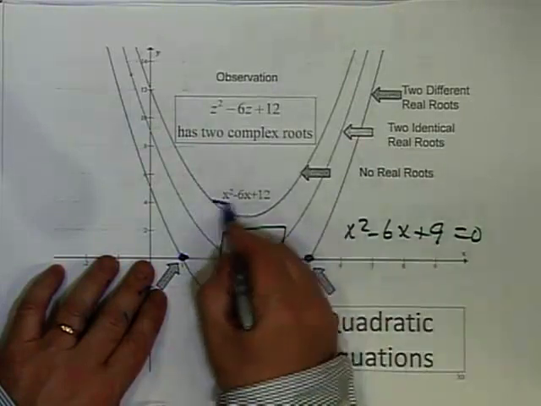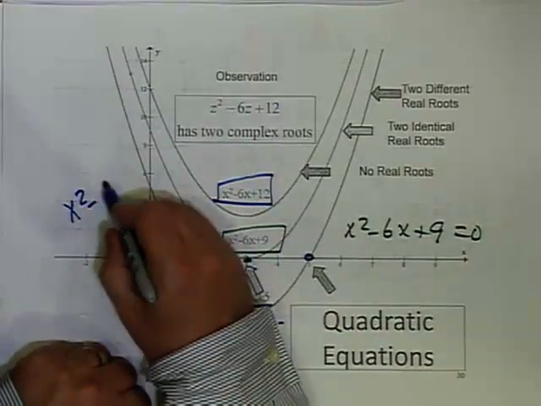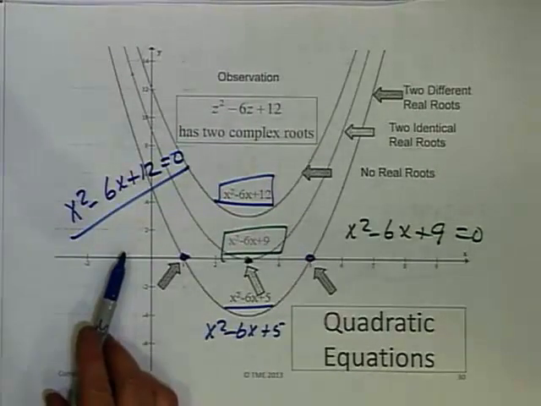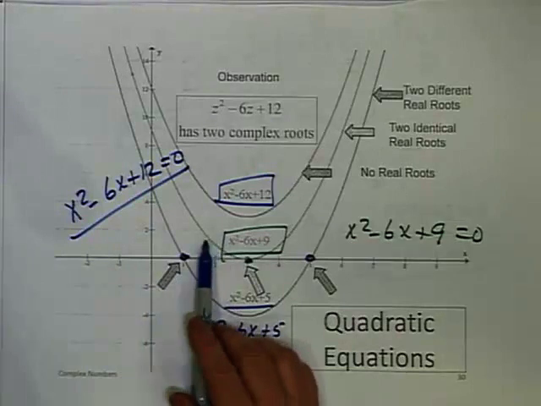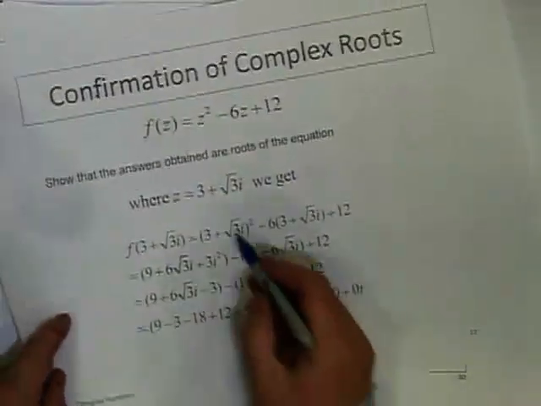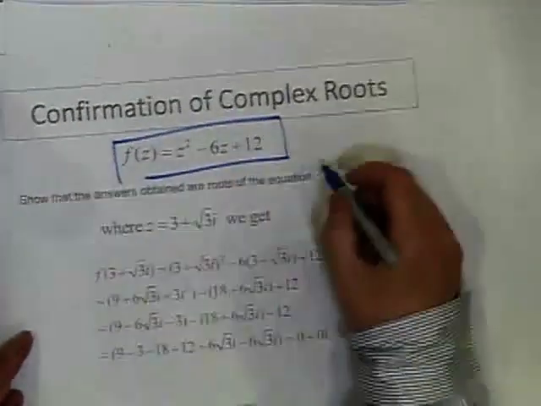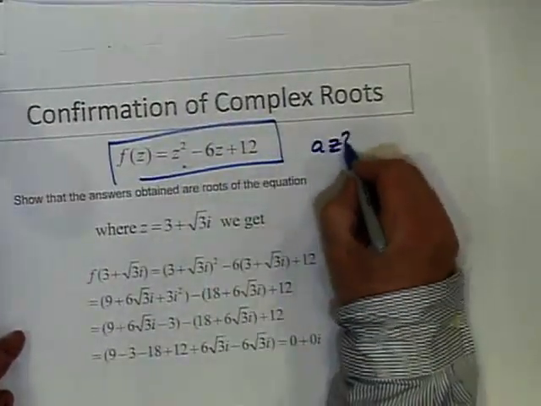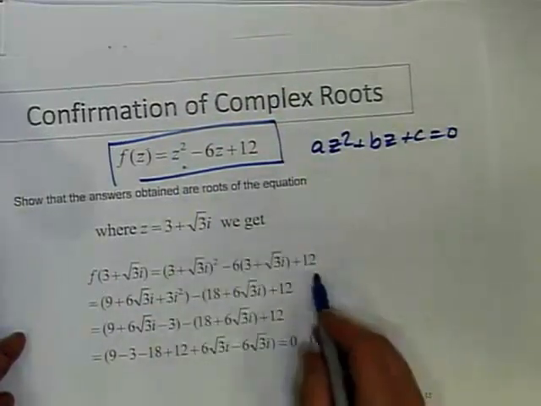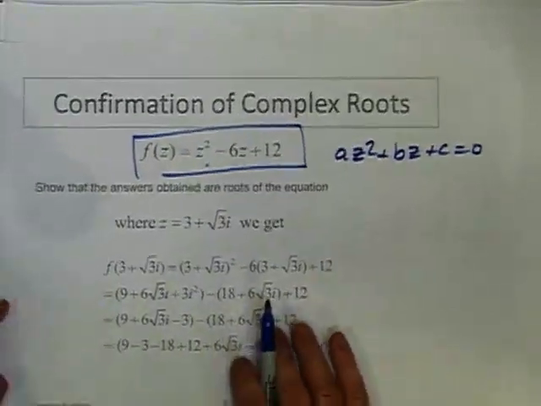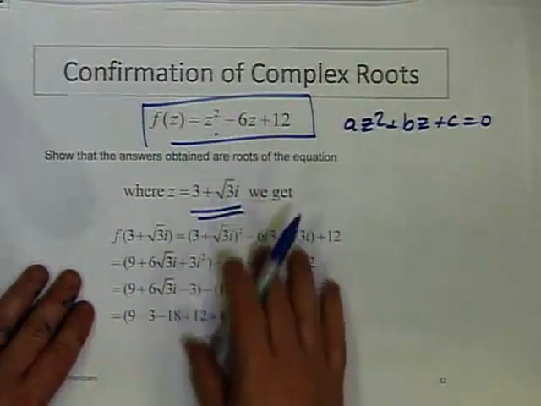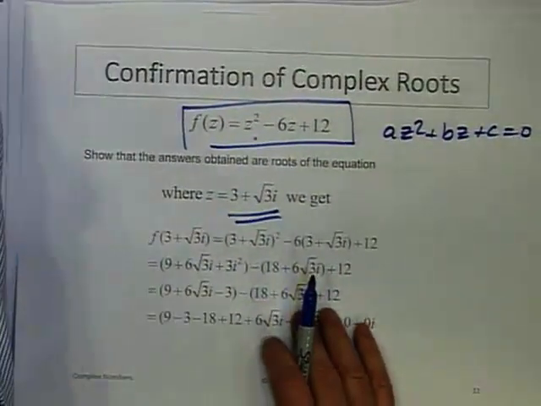And if we go for x squared minus 6x plus 12 equals 0, and we do our minus b formula on it, we'll actually find that we get complex roots. So I do that, I find the root. We know how to do that. It's az squared plus bz plus c is 0. It's the minus b equation exactly as before. We find where it crosses, and we find that it crosses somewhere out there in imaginary space.